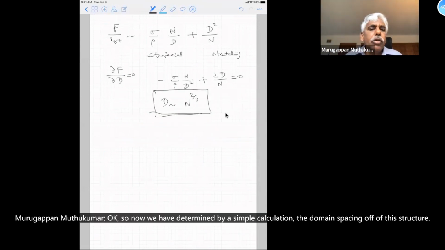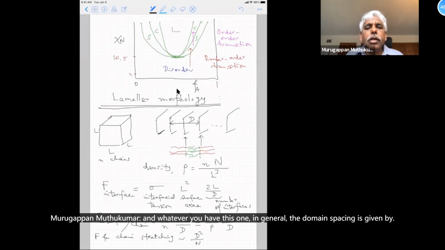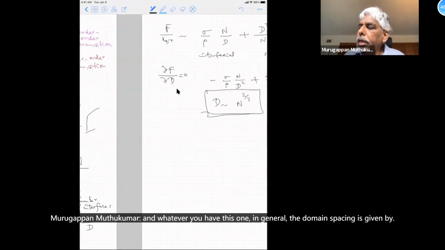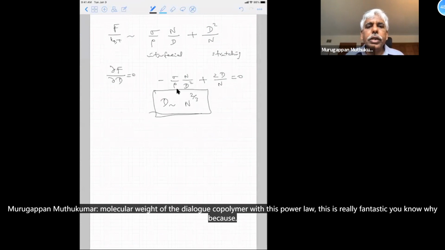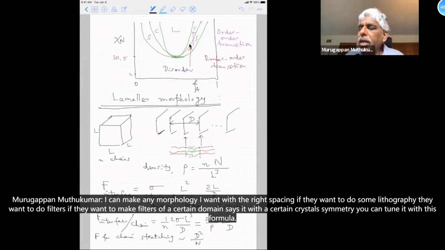Okay. So now we have determined by a simple calculation the domain spacing of this structure. In general, the domain spacing is given by the molecular weight of the diblock copolymer with this power law. This is really fantastic. You know why? Because I can make any morphology I want with the right spacing.